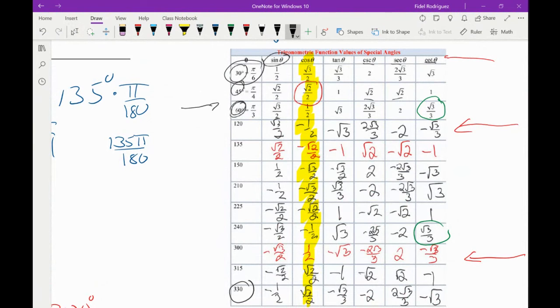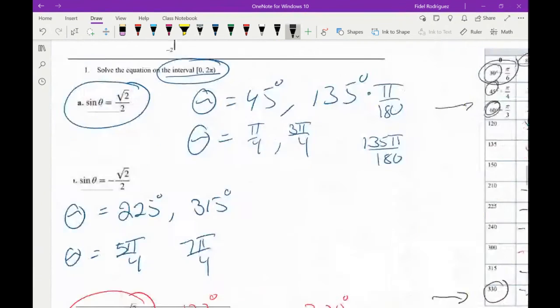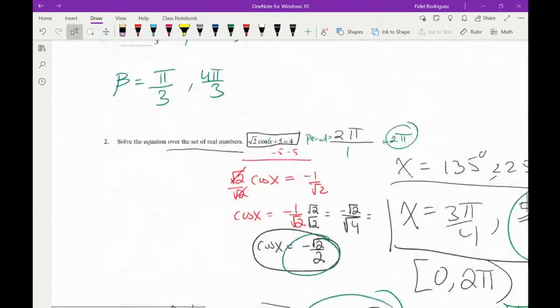Right here at 30 degrees, and right there at 330 degrees. Are we good? Cosine is equal to the square root of 3 over 2? We're good? Okay. So same thing, just stare and compare, right?